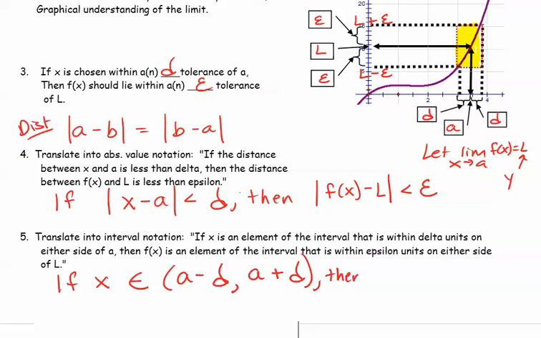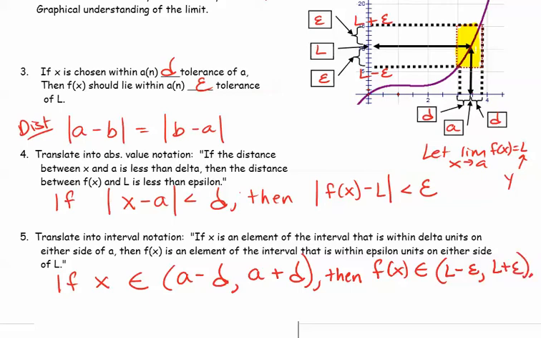Then our f of x value will be an element of, and now we're staying within epsilon units on either side of the limit, so that would be L minus epsilon to L plus epsilon.